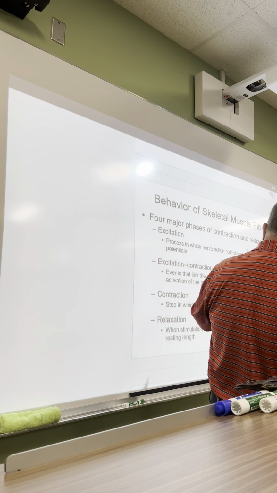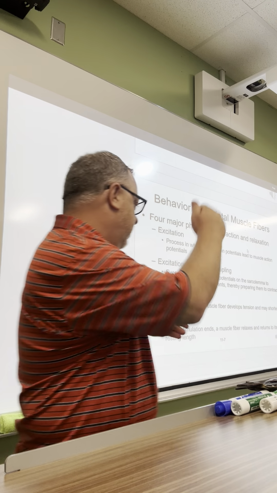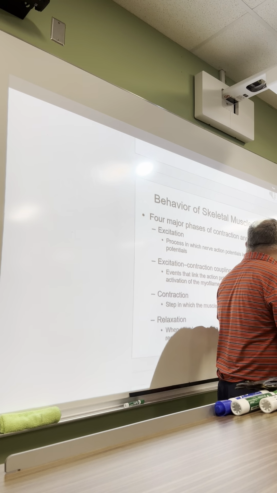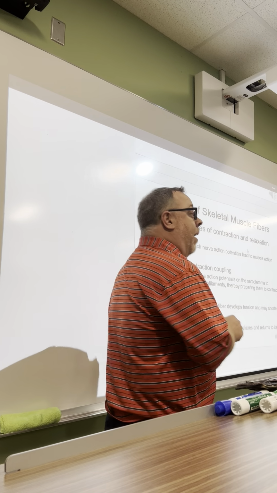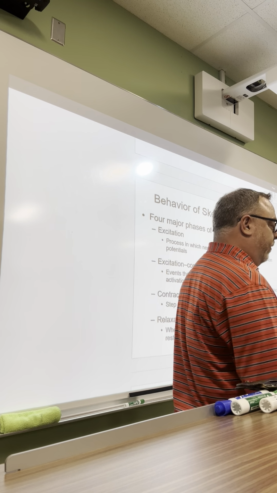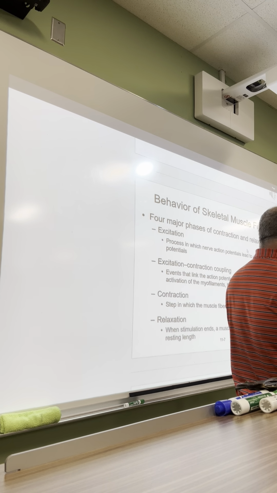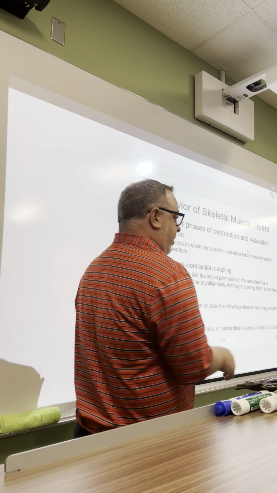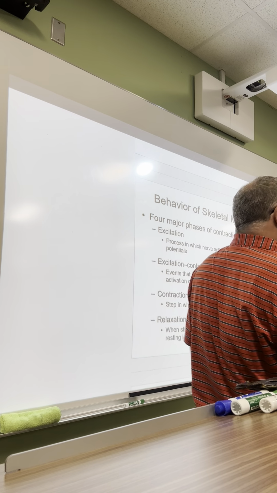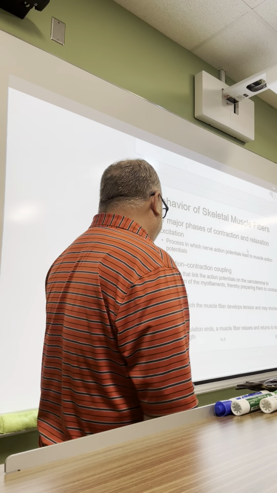We don't want to get the cart too far before the horse, but that action potential hits that sarcolemma and it propagates. If you remember that word, propagate, it's going to spread across that muscle fiber, almost like if we had leaves or paper on the floor and you threw a match in the middle, from that synapse it's going to spread out and start to stimulate that muscle.